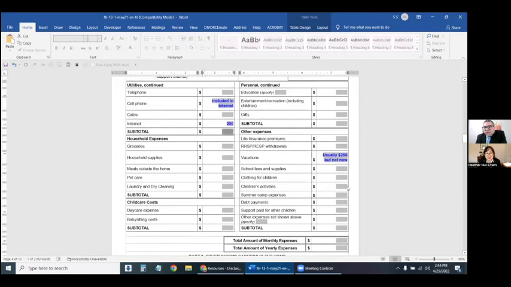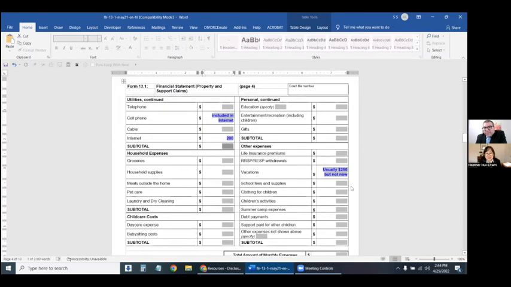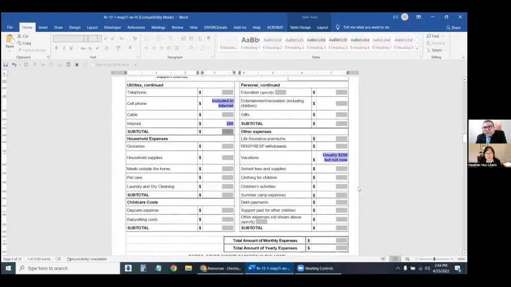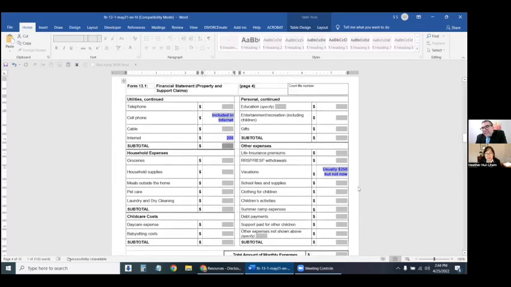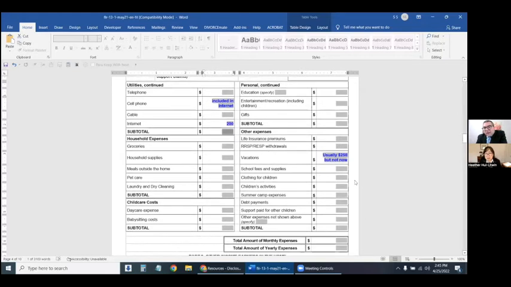The other question that people ask is, are there any particular expenses that I should be focusing on? And it's a good question, because really the question is, why am I filling this out at all? This is a very tedious make-work project.